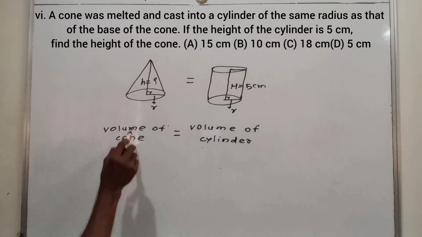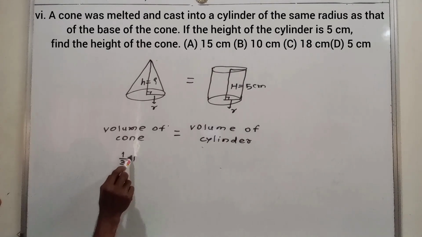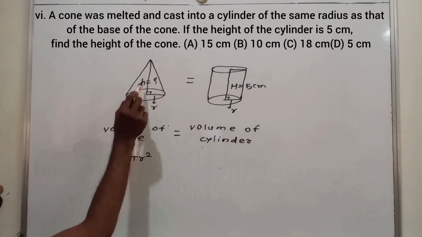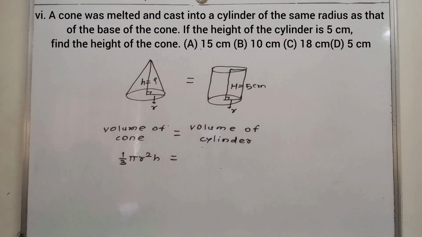Volume of cone 1 upon 3 pi r square h, but small h.